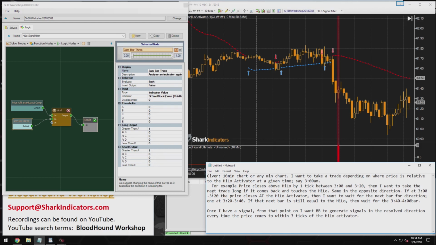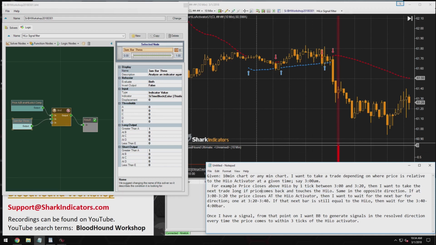So we want to take the next trade long. Let's see. Well, it says here if it comes back and touches the high-low. Okay, so I take it, it would be price.